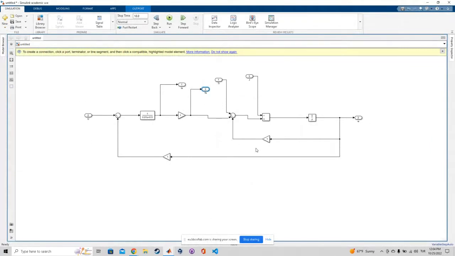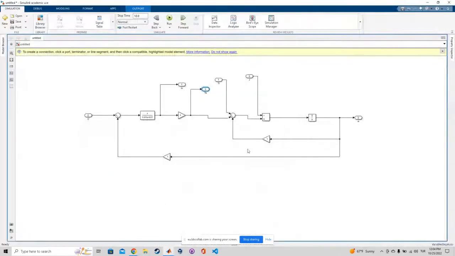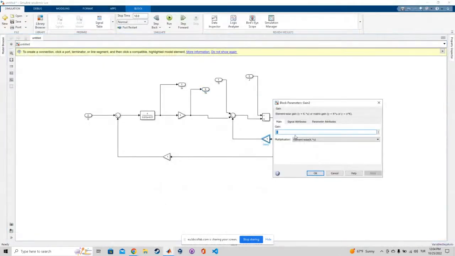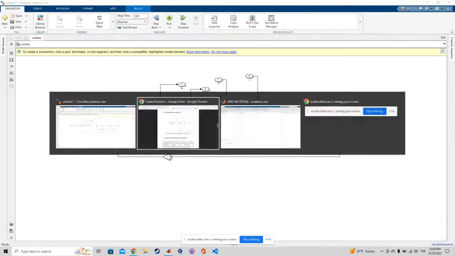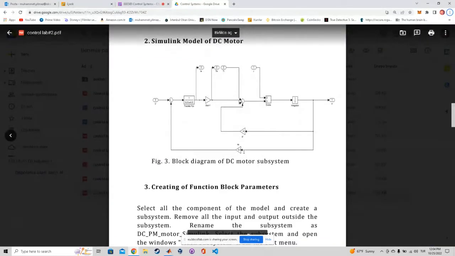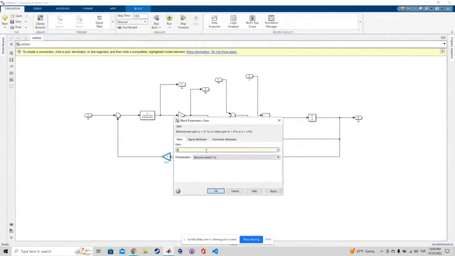Here our input voltage, KF and KA. So this one we attended to 0.05. This one is our feedback, it's 0.5. You just double click it and attend your gain value.